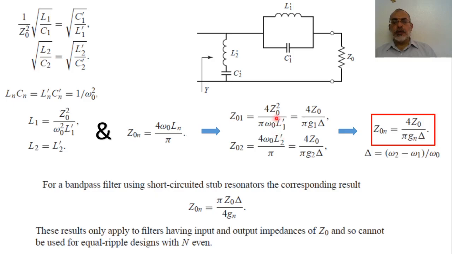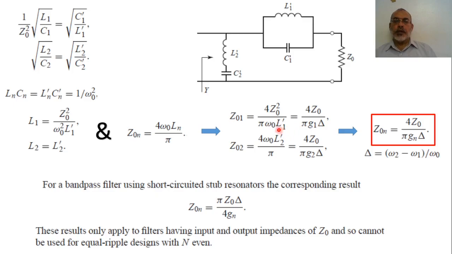And actually, the values of L1 dash and L2 dash are determined from the filter prototype in terms of G1 and G2, as L1 dash is G1 multiplied by Z naught multiplied by delta over omega naught.